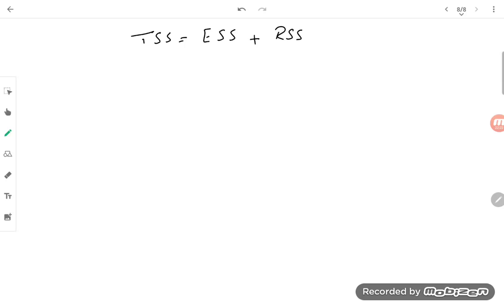How to calculate each one of them? Total sum of squares is calculated as summation of small y squared, or in other words, y minus y bar squared.